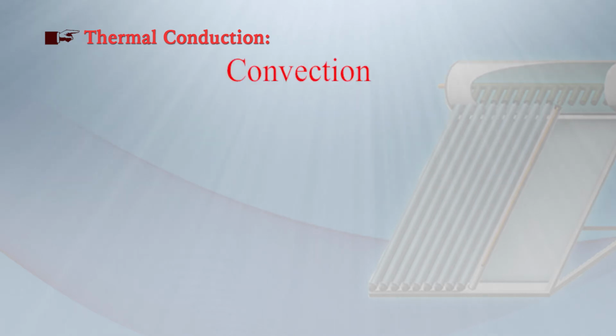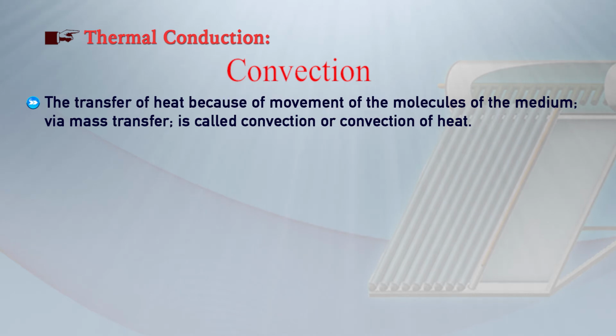Now we will discuss second mode of heat transfer, that is called convection. The transfer of heat because of movement of the molecules of the medium via mass transfer is called convection or convection of heat.